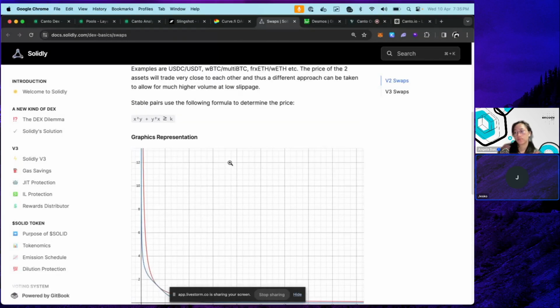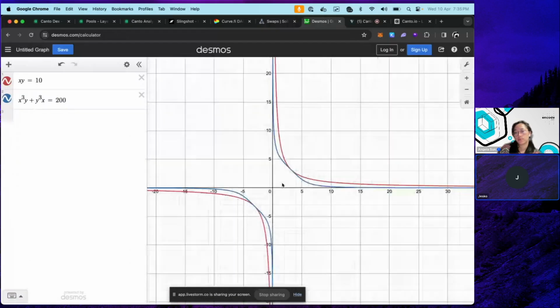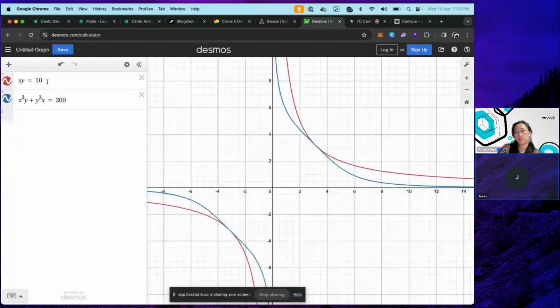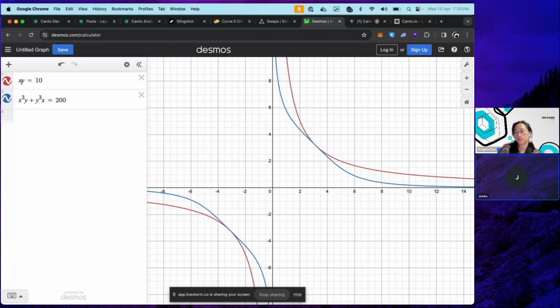For example, I have a graphing calculator here. We can see xy equals k. If you try to plot the red line, it turns out to be a graph like this. And then we plot x cube y plus y cube x equals constant, the graph turns out to be like this, right?